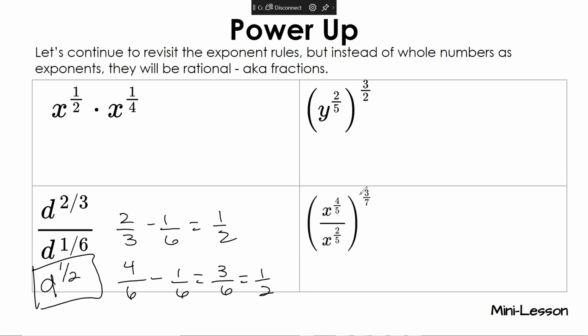All right, on this last one, what we're going to do is it's a power raised to a power. So we're going to take this exponent and we're going to multiply each one of these exponents. Okay, so we're going to do 4/5 times 3/7 and 2/5 times 3/7.